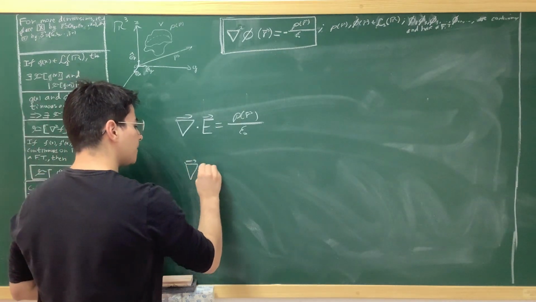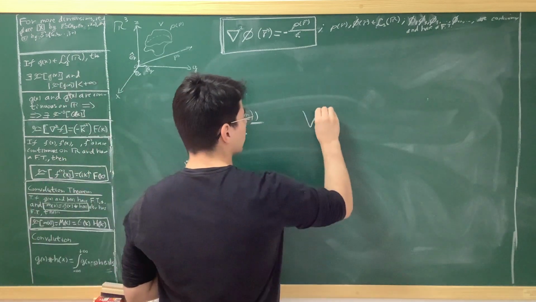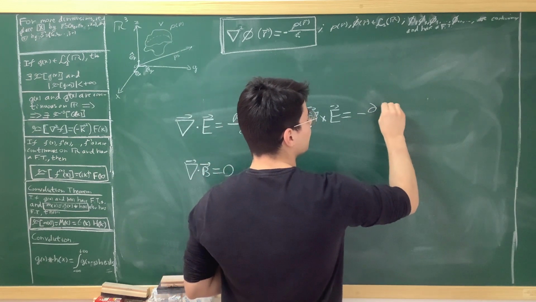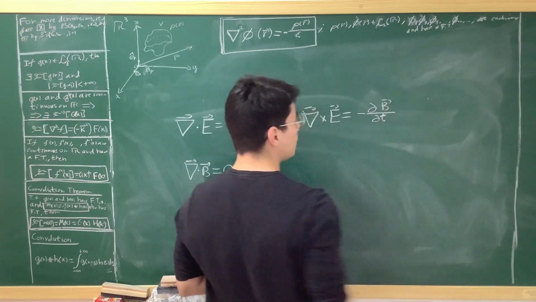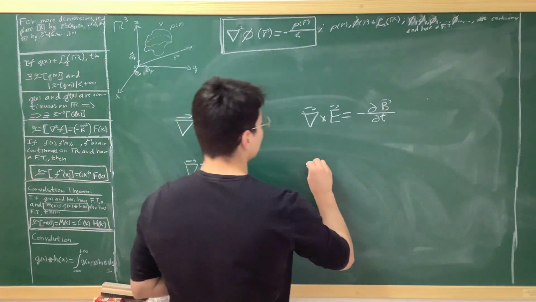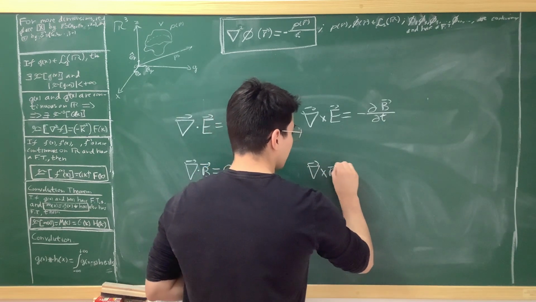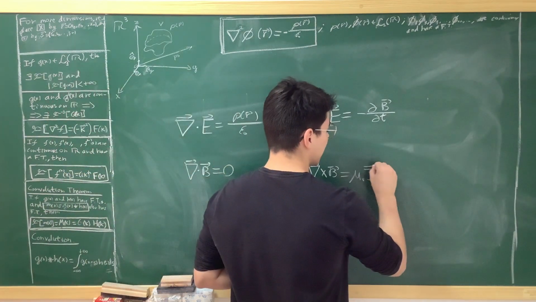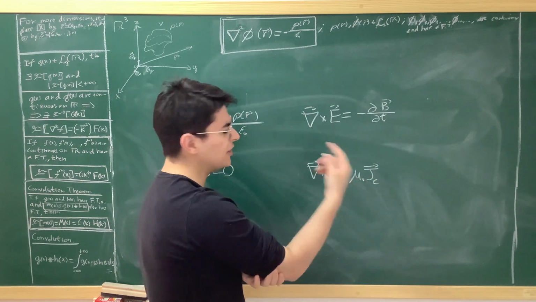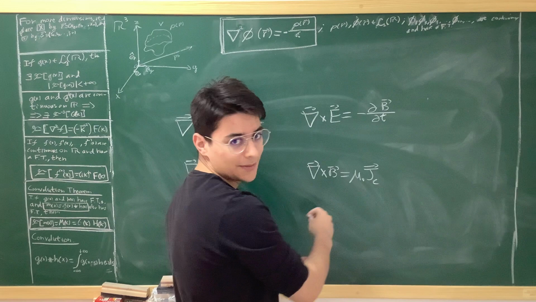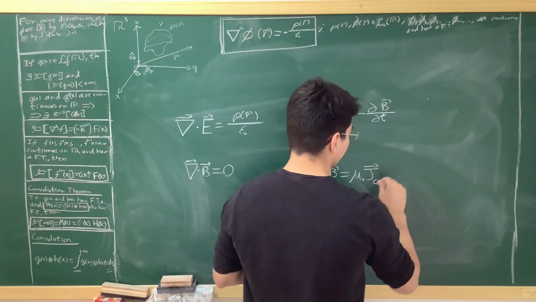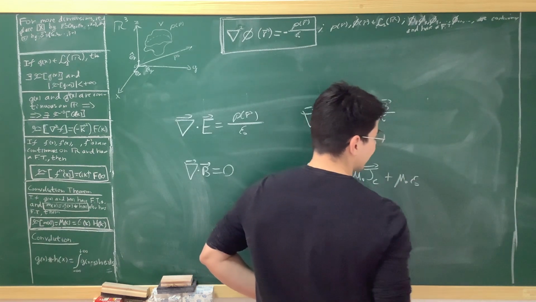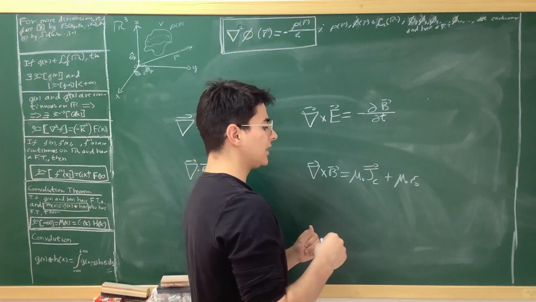The divergence of B is always 0. The curl of E is just minus the partial time derivative of B with respect to t, and the curl of B is mu naught, which is the vacuum permeability, times the current density, which I'm going to be denoting by J sub C, plus mu naught times this generalized current, which is called the displacement current.